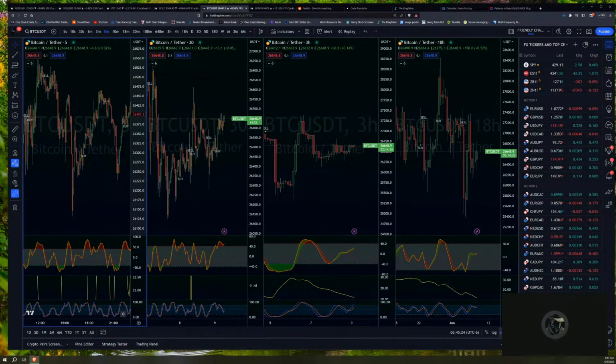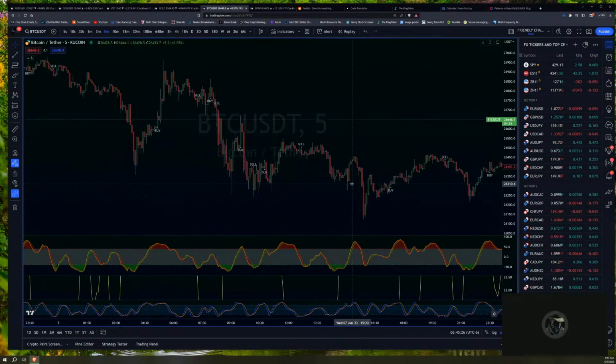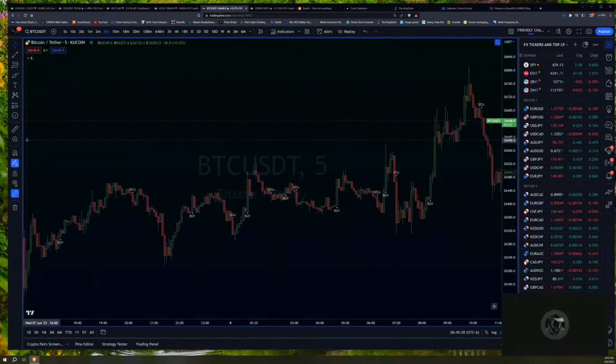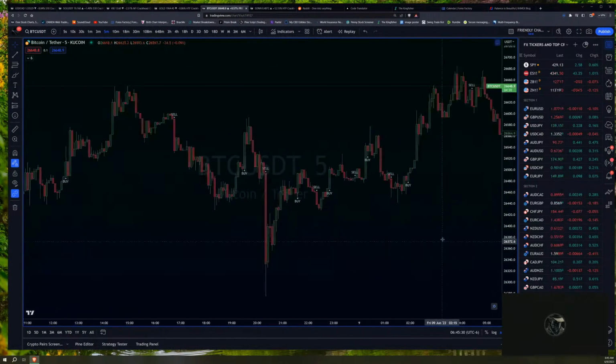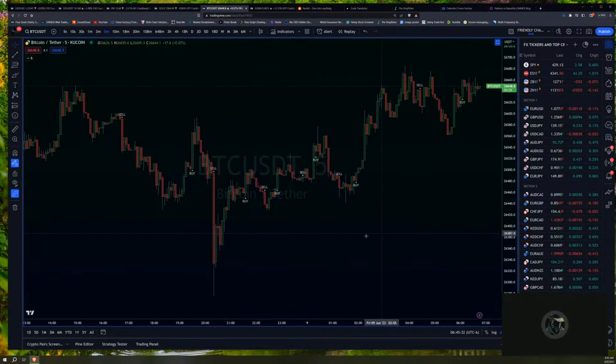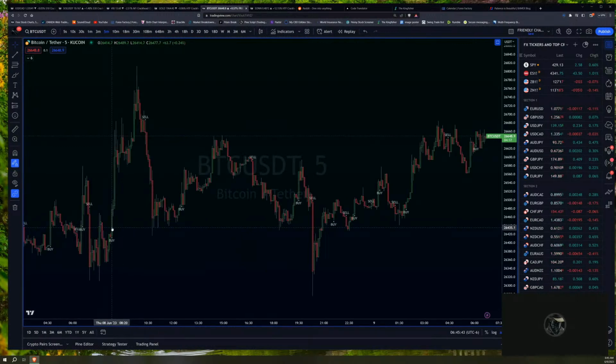So one way to look at it would be to look at the low time frame chart at 6:30 a.m. my time, Mountain. See, that's Thursday. Friday. Okay, so Thursday at 6:30.